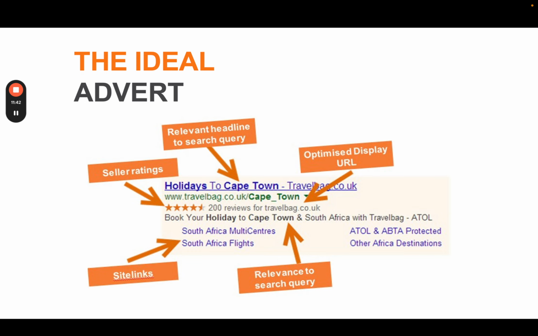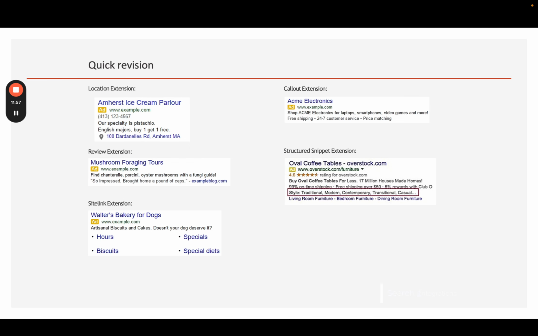So the ideal advertisement has a relevant headline to the search query, an optimized display URL, a rating extension, a sitelink extension, and relevancy in the description of the ad as well. For a quick revision, Google offers multiple extensions including location extension, callout extension, structured snippet extension, review extension, sitelink extension, also phone and promo deal extension.